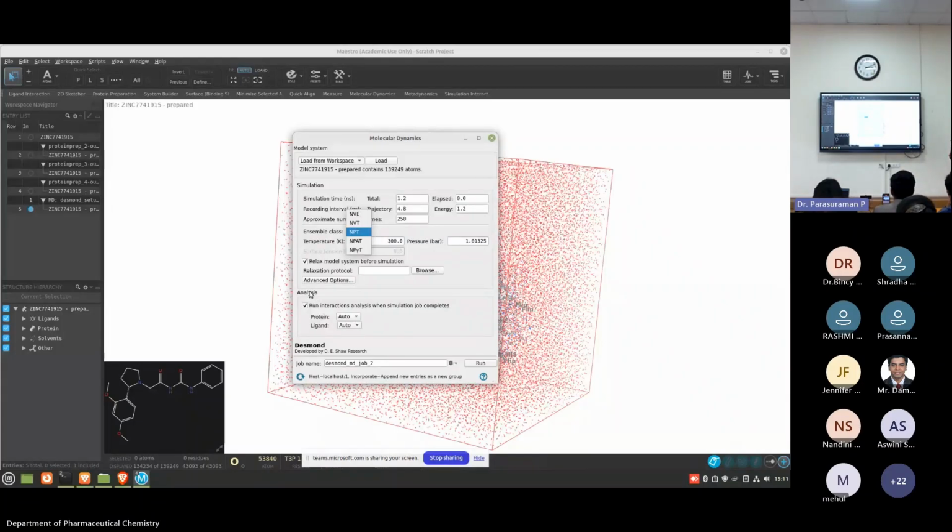After that, once the simulation is done, we can visualize the analysis by clicking run interaction analysis after the simulation completes. Then we can visualize the trajectories. If you click run, you can run the simulation. In Desmond, it is just 4 to 5 clicks.